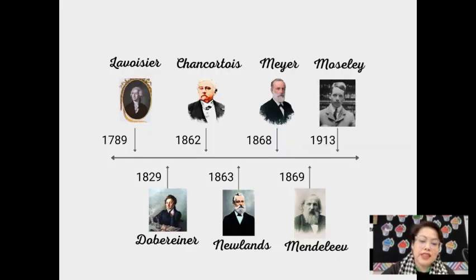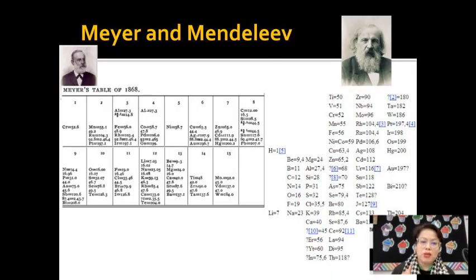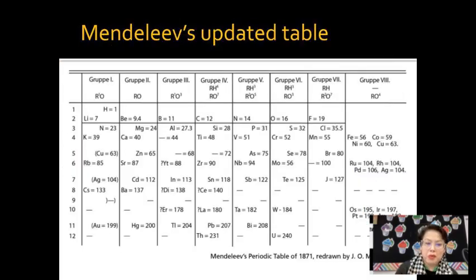Later, at the end of the 1860s, in 1869, we have 2 people in 2 different places of Europe working on the same thing by coincidence. One is Lothar Meyer in Germany, and the other is Dmitri Mendeleev in Russia. Both of them were using atomic weights to order the elements, but they had little differences in characteristics. And also Mendeleev published before Lothar Meyer, so therefore Dmitri Mendeleev is given the title of the father of the periodic table.